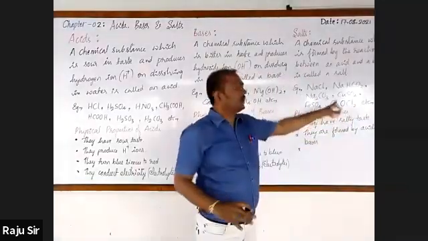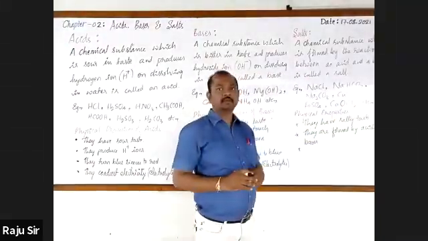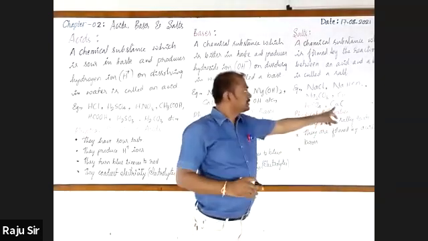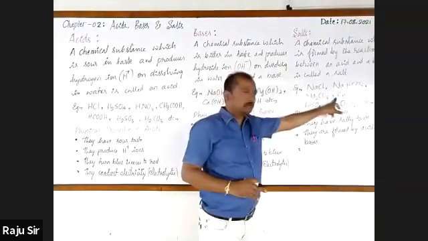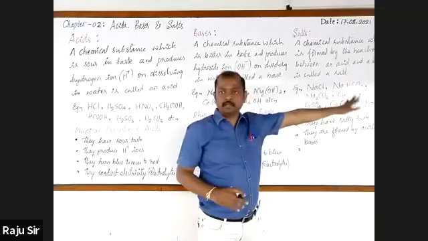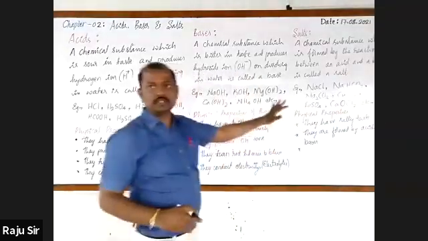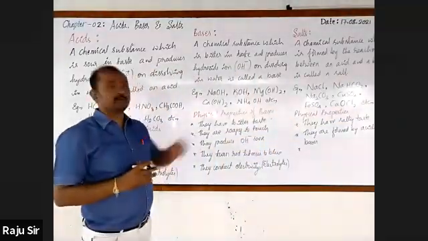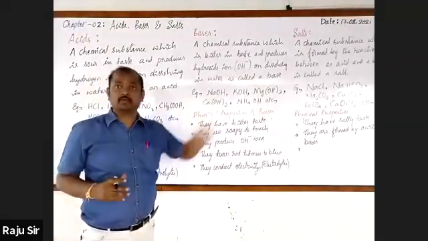Then calcium oxychloride produces Ca2 plus and OCl minus. So these are the ions that are produced when they are dissolved in water.